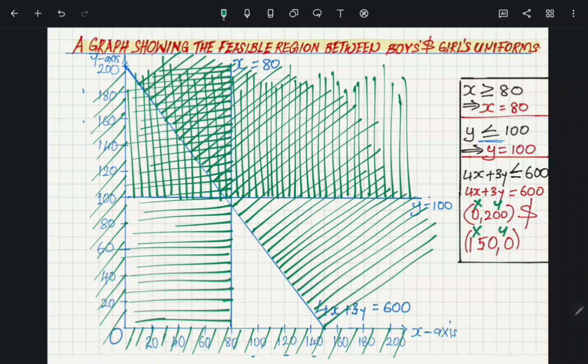We only choose points along bold lines, and where a bold line meets a bold line. Where a bold line meets a dotted line, we don't choose points along there. Or where a dotted line meets a dotted line, you don't choose points along those lines. So we only choose points along a bold line or inside the visible region.